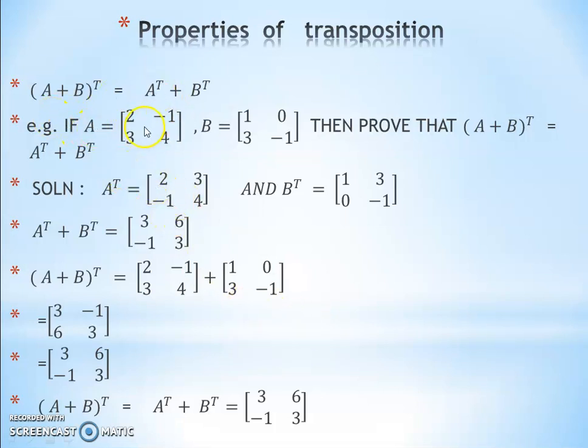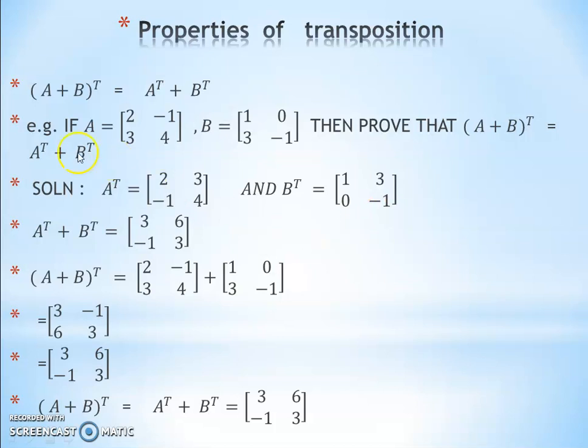Our A matrix is 2 minus 1, so this row goes to a column. The second row is 3 4, so it is converted into column number 2: 3 4. For B transpose, 1 0 is the first row, so we write it as column 1. 3 minus 1 is the second row, and we convert it into column 3 minus 1.